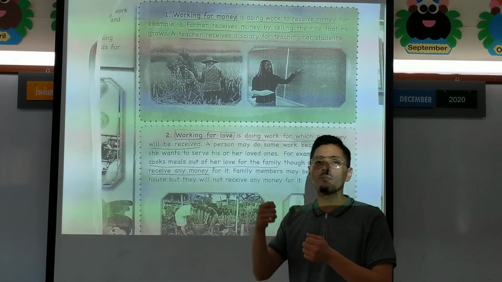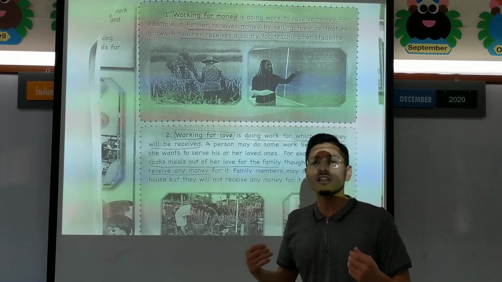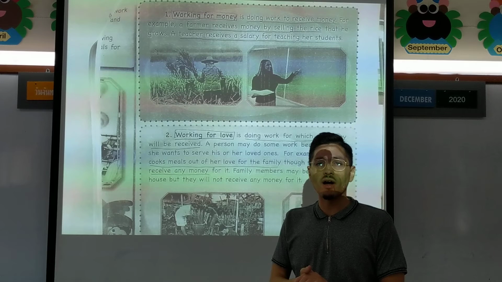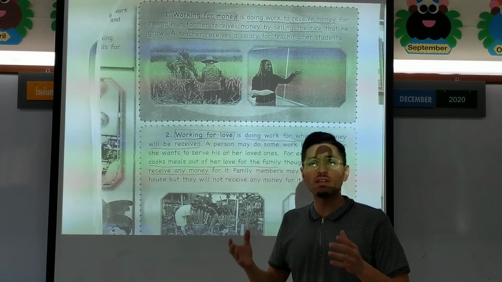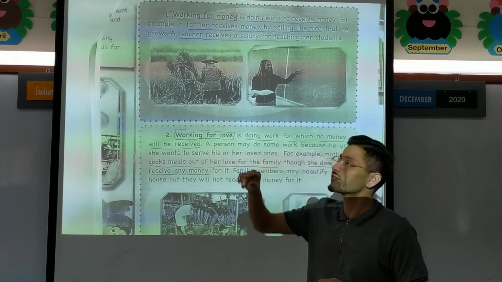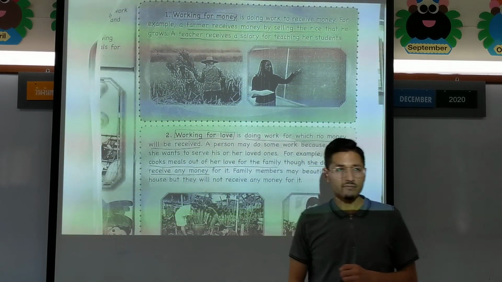You don't pay your mom money to make you food. She does it because she loves you. Or, let's say you help your mom clean the house. You don't get paid, but you do it because you love your mom and your family. So we have two ways. Working for money and working for love.